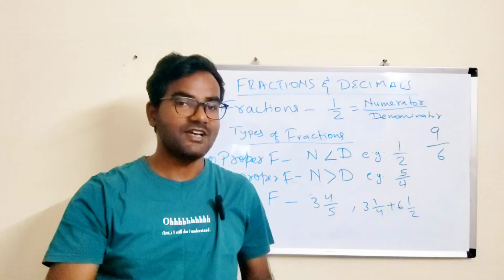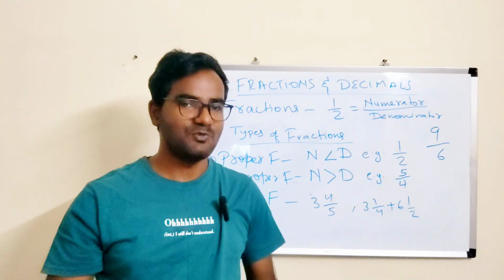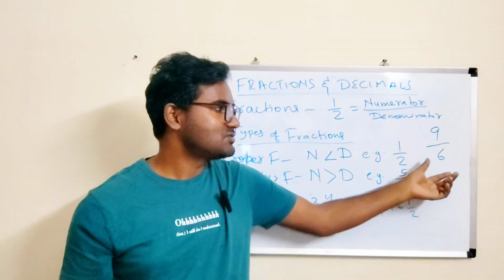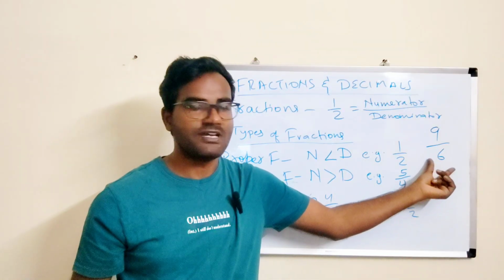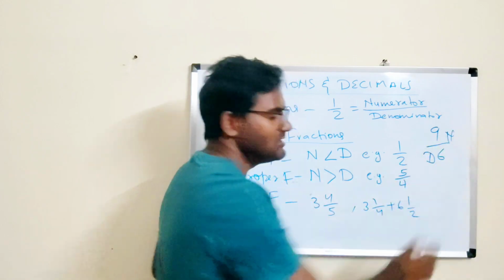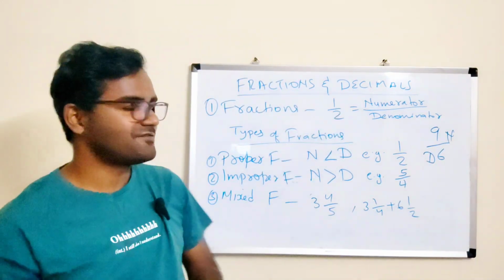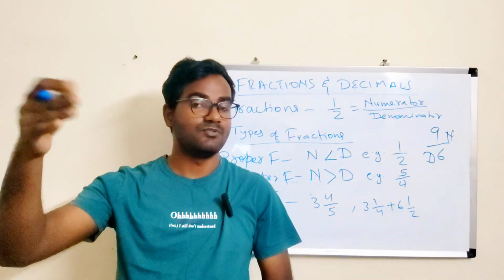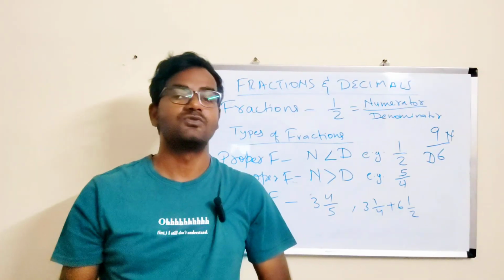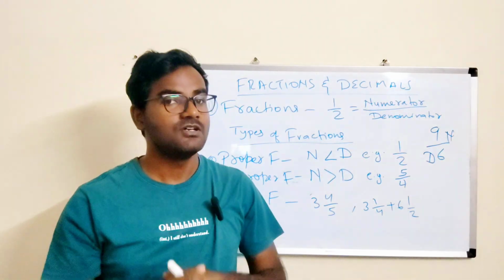Below means down, so D for down, D for denominator. Remember that way. So this is going to be the denominator and this is going to be the numerator. So we have two parts in fractions, one above and one below. The above one we call numerator and the below one we call denominator.